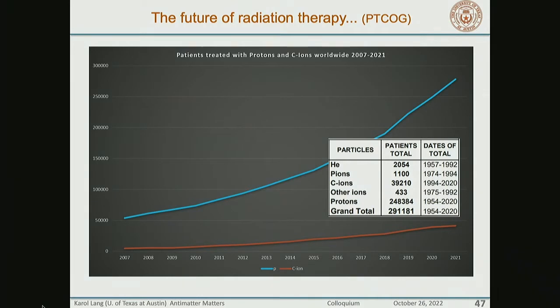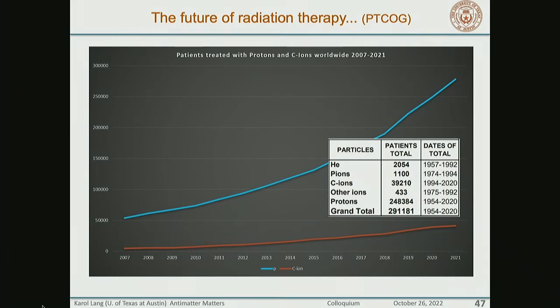So this is the curve showing per year. I don't know if people in the back can see, this is 2007, this is 2021. By the way, this graph was just updated about a month ago. I was looking at it for years and it was very stale, but that was due to the pandemic.